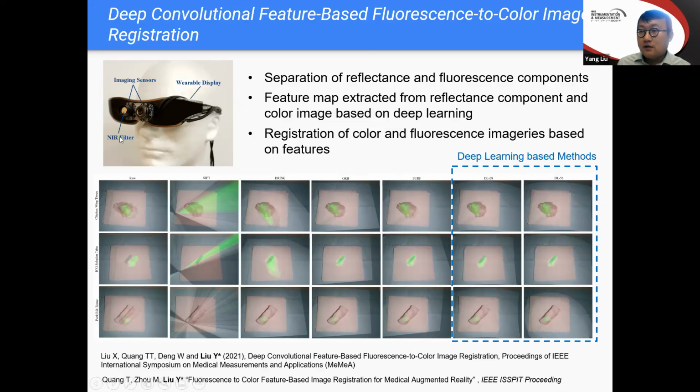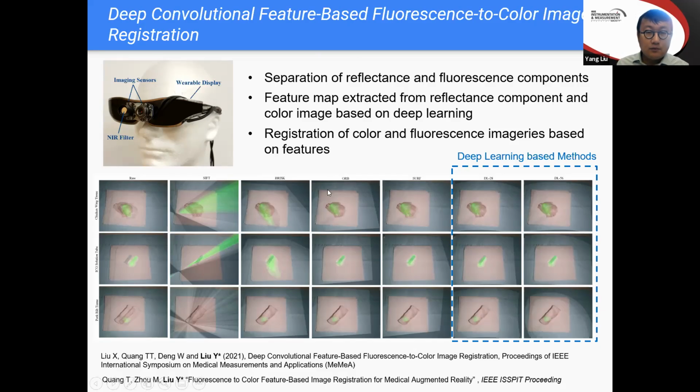The challenge the community has faced in the past is that you don't have similar features in fluorescence and color imagery. However, with the previous method we already deployed, we can separate the reflectance component from the fluorescent component and use the reflectance component as a bridge to register between the color image and fluorescence component.